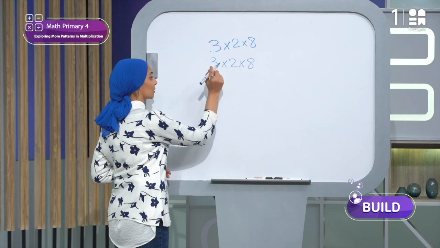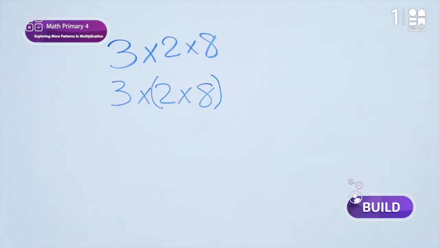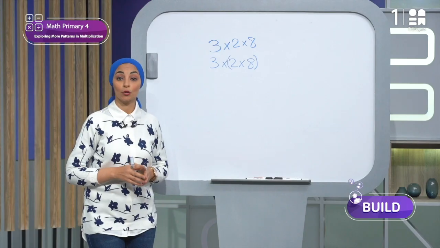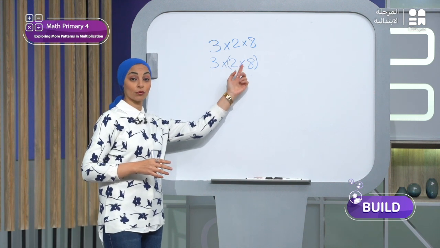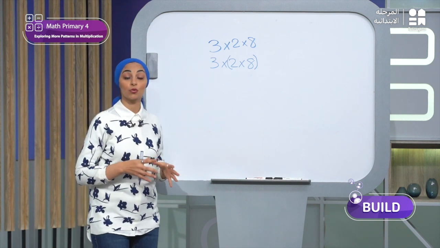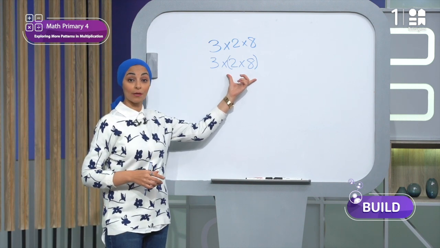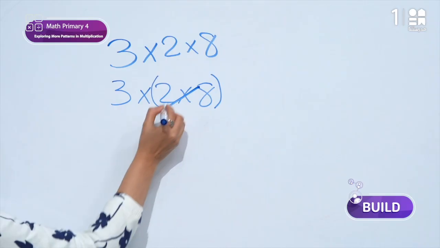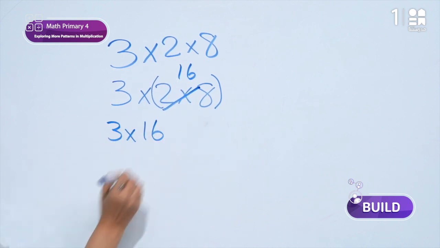I'll write it again 3 times 2 times 8. ممكن أحط brackets between 2 and 8. So the problem will look like this: 3 times (2 times 8). طيب طبعا أنا عارفة إن 2 times 8 equals 16. دايما I solve the bracket first. 2 times 8 equals 16. طيب دلوقتي أنا عندي إيه؟ So I have 3 times 16.